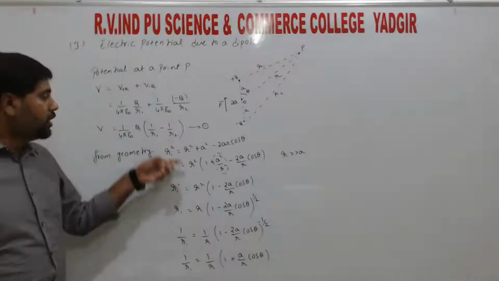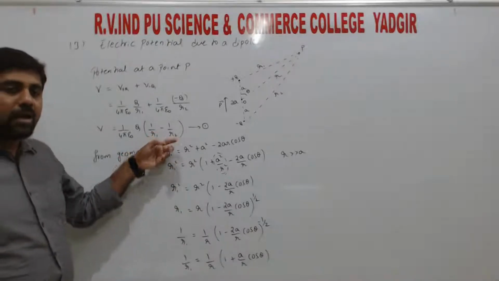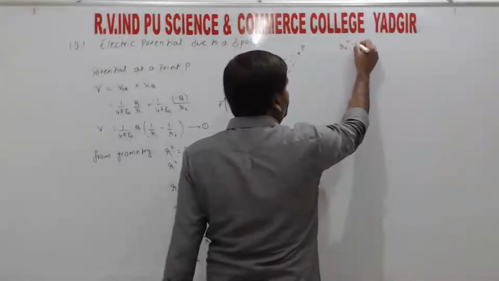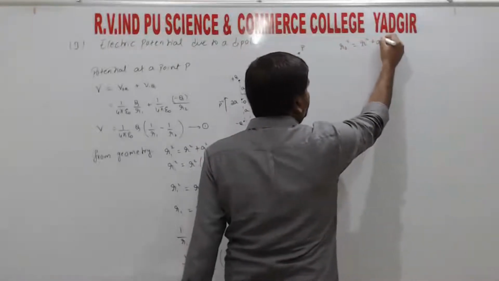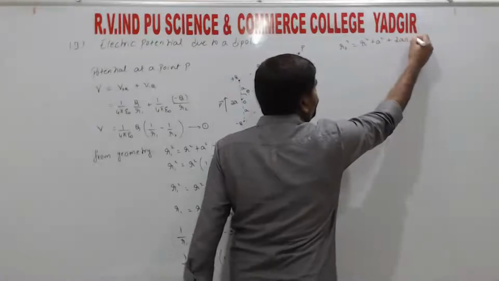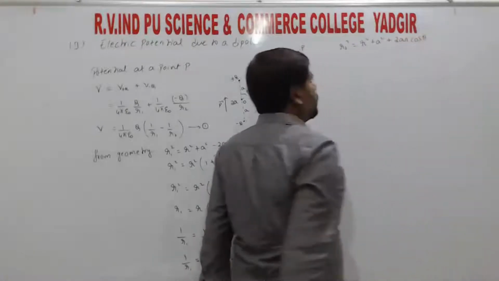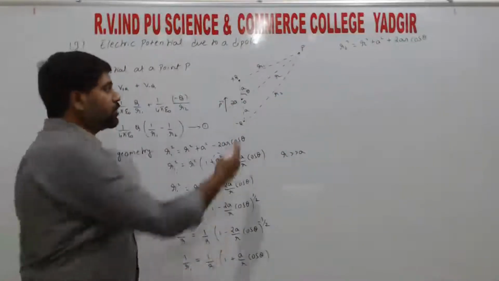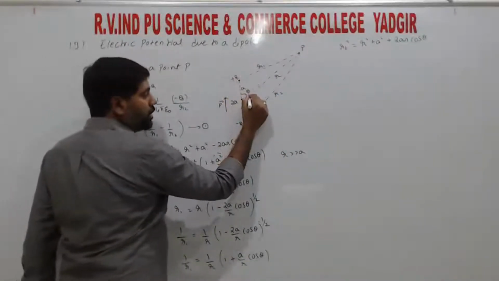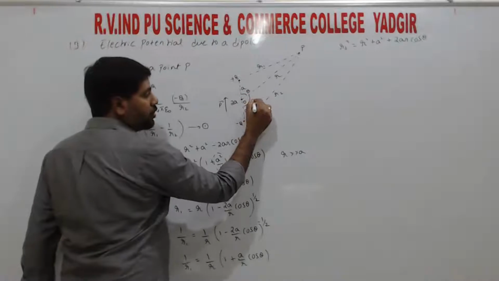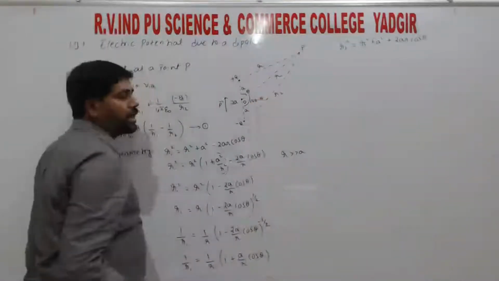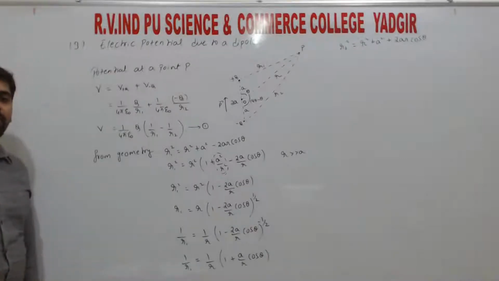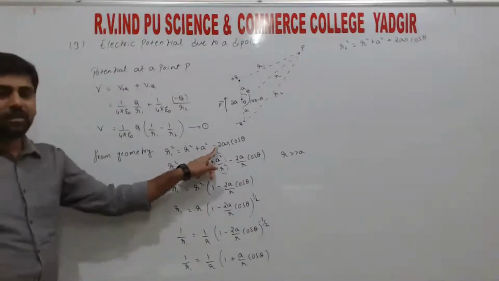So similarly we can simplify, then we get 1 by r2, right? So that is r2 square is equals to r square plus a square plus 2ar cos theta, right? Here we had minus, there it is plus. Why? Because this becomes 180 degree, right? So 180 minus theta. So this angle is 180 minus theta, right? So cos of 180 minus theta becomes minus cos theta. So minus into minus becomes plus.